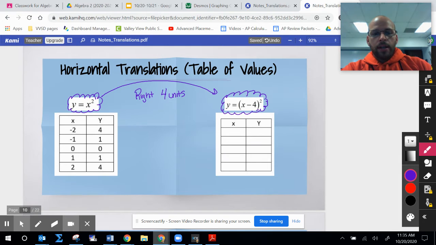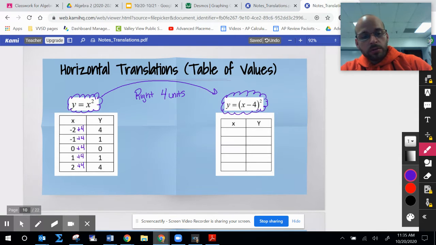Okay? Now, if you shift your graph 4 units to the right, what I'm going to end up doing is I'm going to increase the value of all of these x values by a value of 4. So I'm going to add 4 to all of the x values.